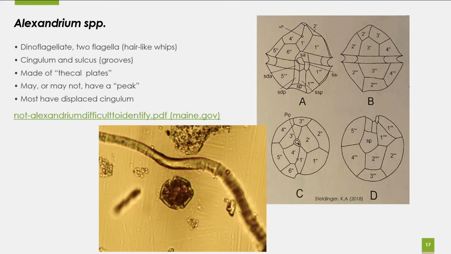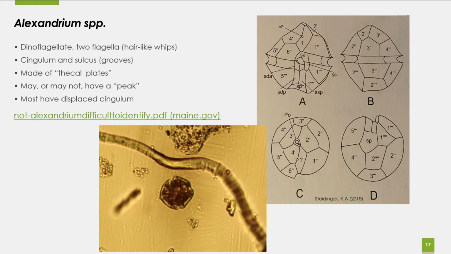Be very careful, because you will break the cover glass if you tap too hard, but if you grab a toothpick or something, you just gently nudge the cover slip, you can try and rotate the cell so that it's at an angle like this, where you can actually see more of the features like A or even B. Because there'll be times where you look at it in C or D view, and you have just no idea, and you need to adjust it a little bit. So there'll be times where I might go back and just poke at them a little bit. They may or may not have this kind of peak right here. Not all of them have this tiny little tip.